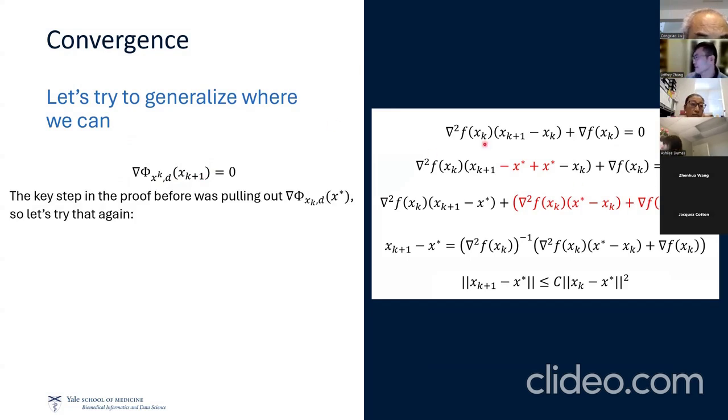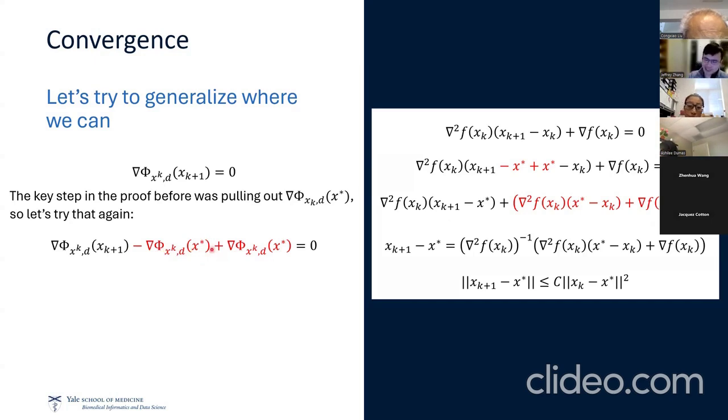So the key step behind why this proof works is, again, we decomposed it into two terms. One that looks like the gradient at x star and something that depends on xk plus 1 minus x star. So in order to do that, we're going to do something like this. So this is the gradient of the degree d order Taylor expansion at x star, and we're just going to add and subtract it.